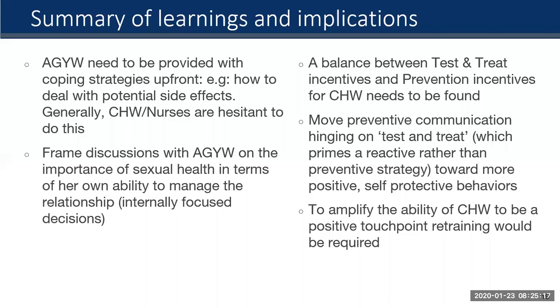We really talk about sexual health in terms of her ability to manage relationships, and remember that what a girl wants today might be different to what she wants tomorrow. She might be in multiple relationships today and a single relationship tomorrow. So don't assume that the girl wants the same thing all the time from the relationship. Really dig in and understand relationships.